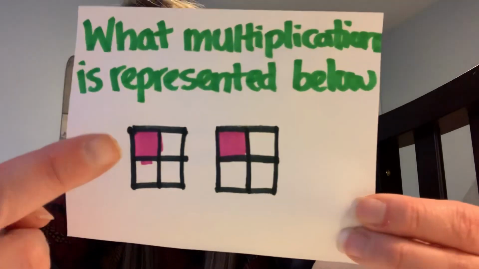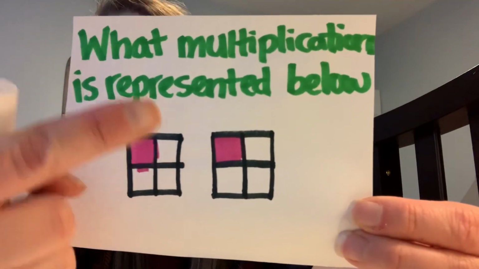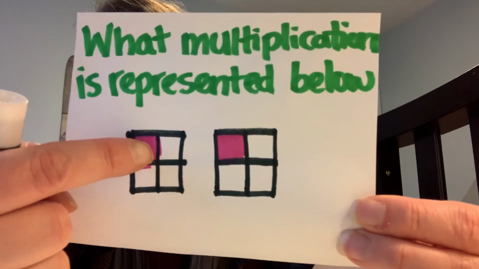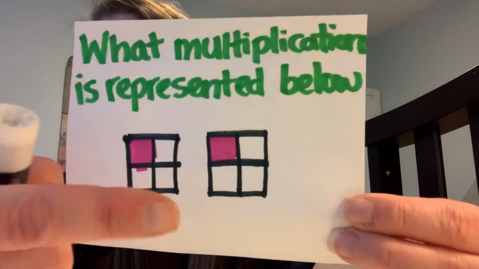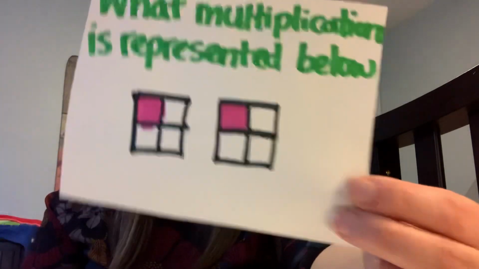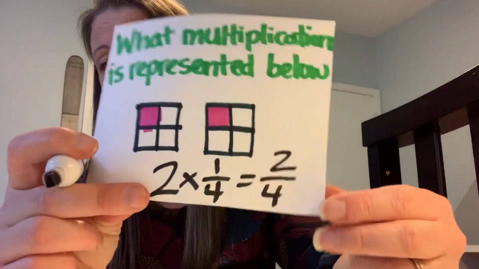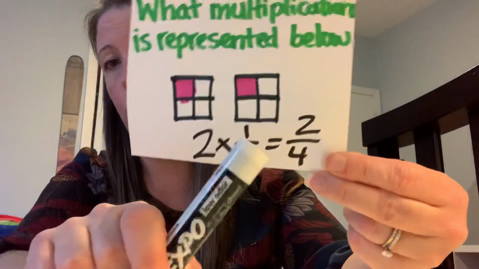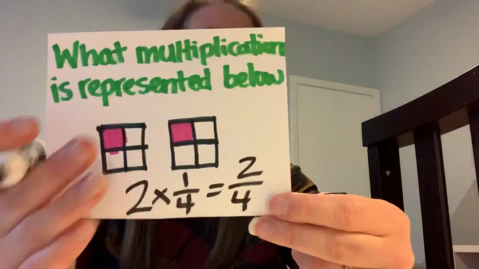So my whole has 4 pieces. I shaded two of them, so I have 1/4 and 1/4, or I have 2 1/4 pieces, and all together I have 2/4. 2 1/4 pieces gives me 2/4.